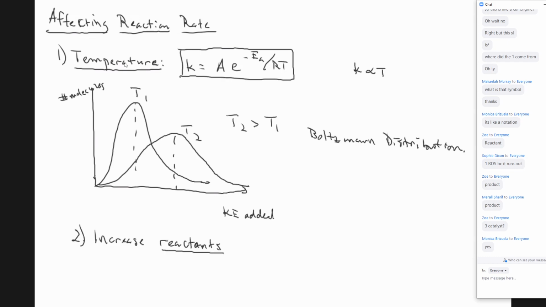Oh, I should have totally made the connection. This is like dating, right? Affecting reaction rate, having more reactions, having more relationships, same thing, right? When you increase temperature, you're moving faster, and moving faster, you interact with more molecules or interact with more people, right? So increasing temperature means that you have greater interaction, right? Increasing reactants is like, okay, now you have more guys or more girls to deal with.